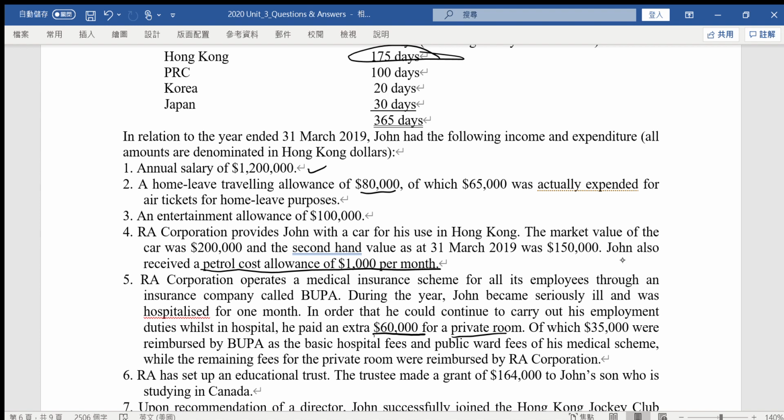And for the amount of 335, that was paid by the Bupa medical insurance company, and that's why this portion will not be taxable. But the other portion is reimbursed by RA, and that's why this portion will be fully taxable, because that is not paid by the insurance company, and the amount is reimbursed by the company. That will be fully taxable.